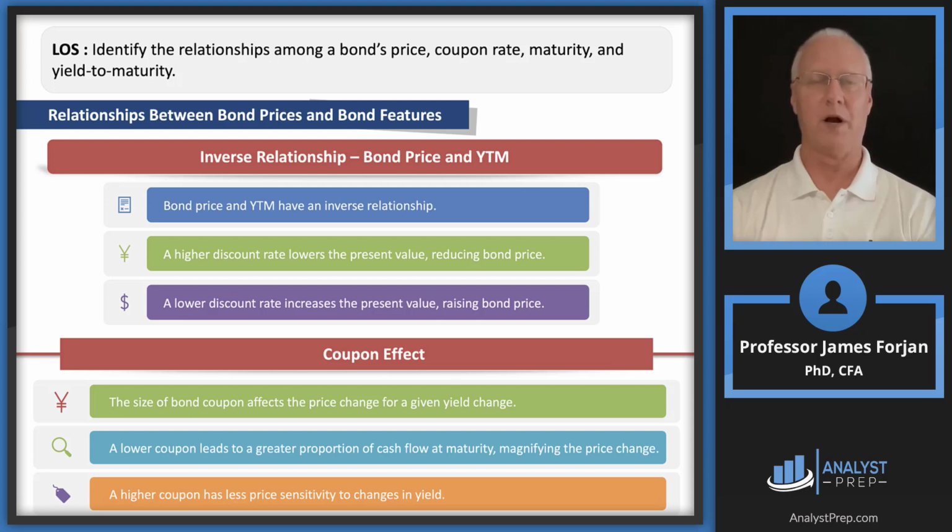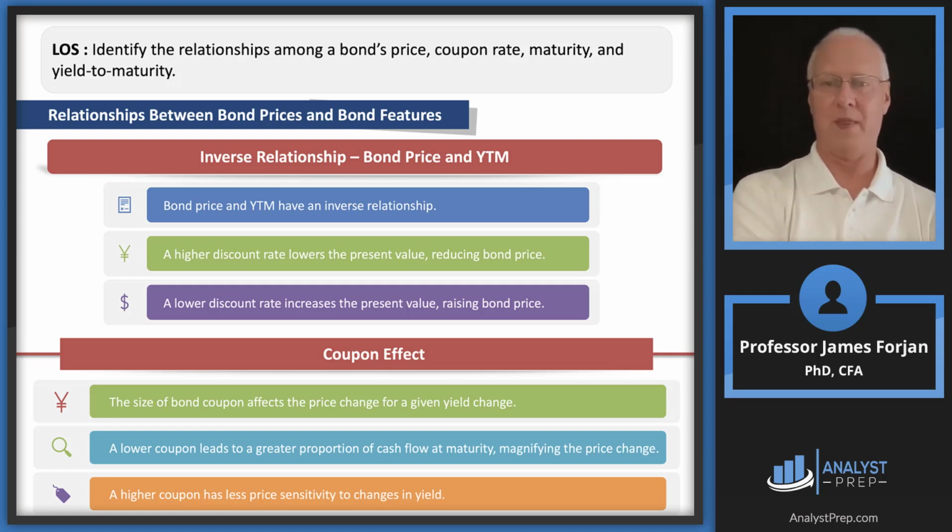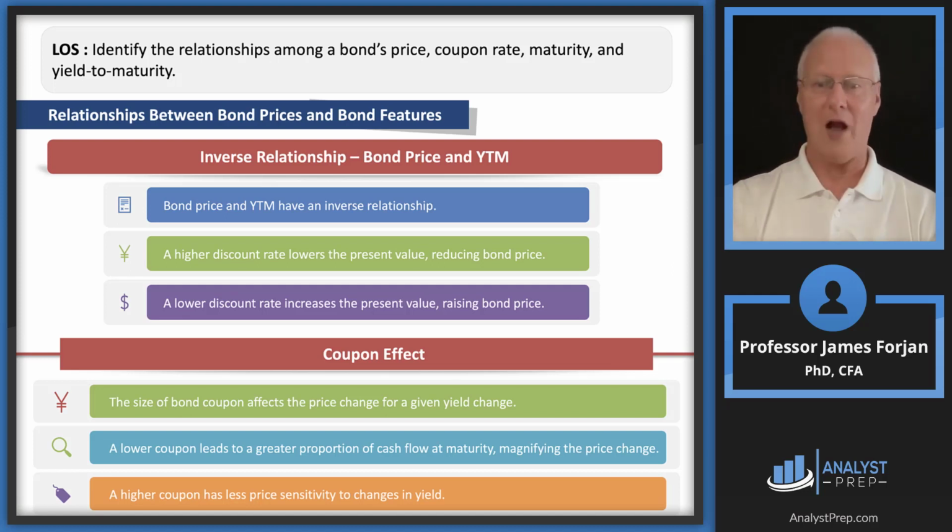All right, how about the coupon effect? Well, this is what you have to know. A couple of things here, that bonds that have higher coupon rates, they tend to sell for higher prices. That makes perfect sense. If the future cash flows are higher, well, then the present value has to be higher. However, the coupon effect is a little bit more subtle for this.